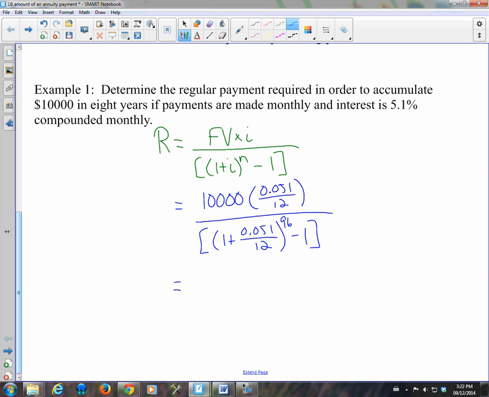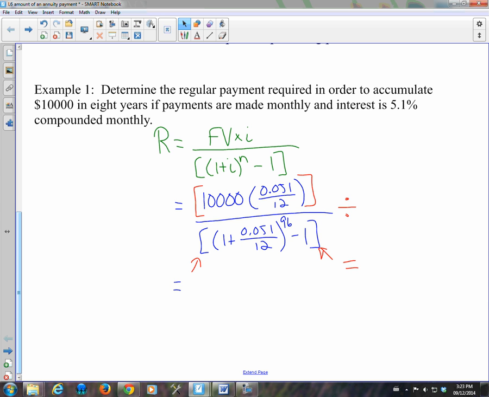It's a fairly complicated formula, and you need to be able to confidently enter it in your calculator. So one of the things you would do is put brackets around the numerator, enter it in your calculator, hit divide, and make sure you've got those brackets around your denominator, and hit your equals. And that should work for most calculators. So let's see if we can get this to work.